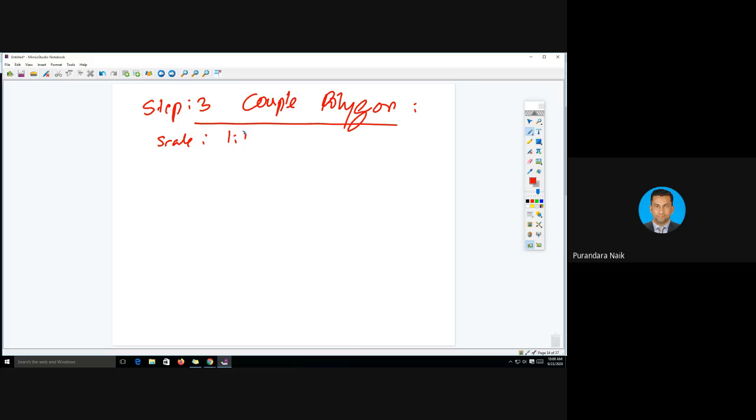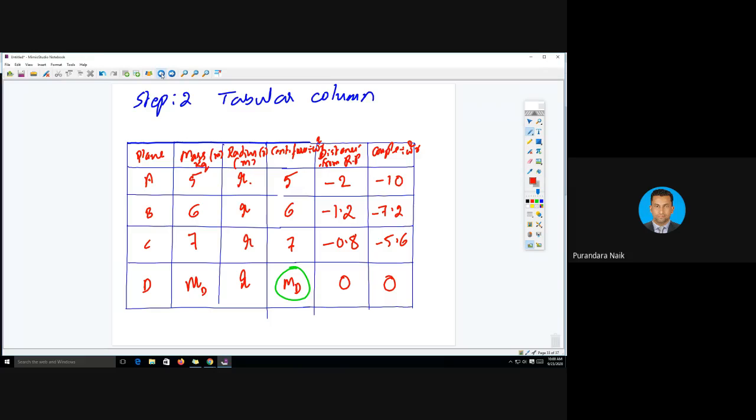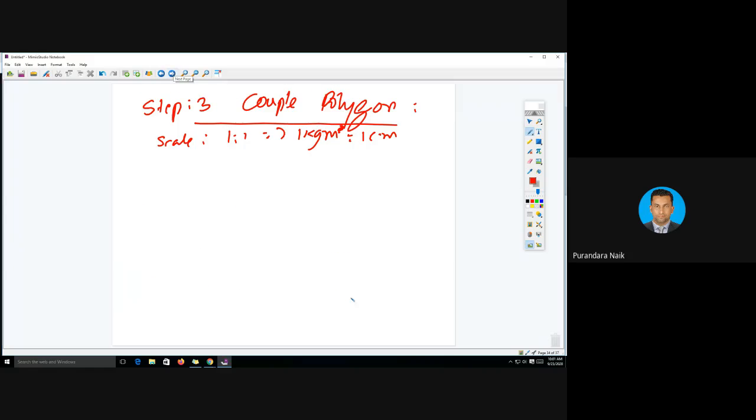Scale 1:1. First, you mark the point somewhere here, O. The reference line.